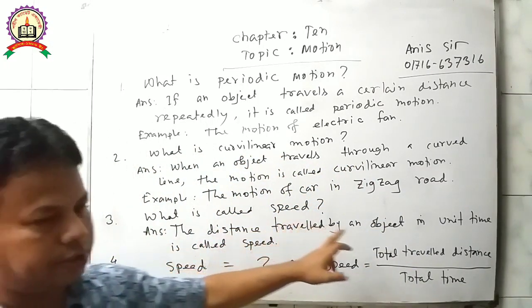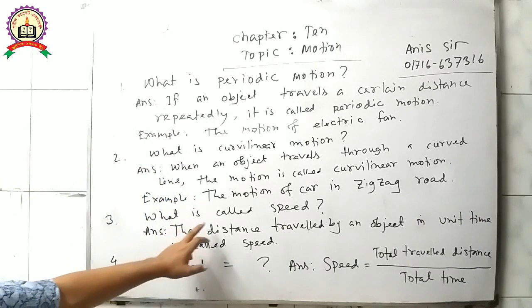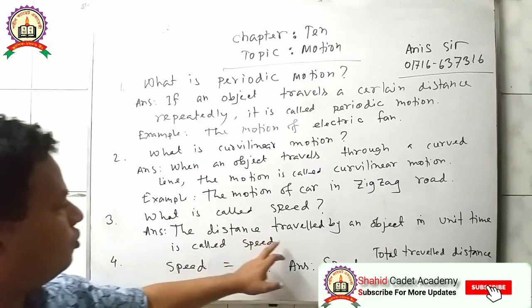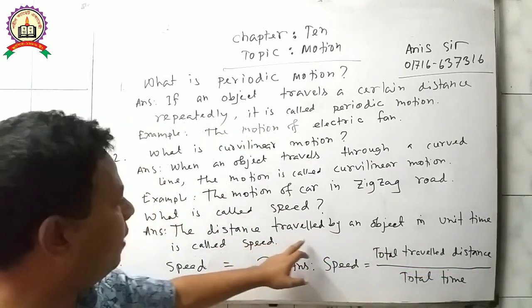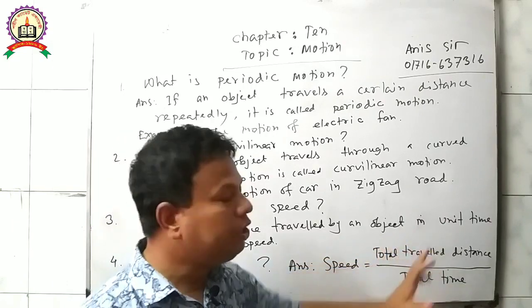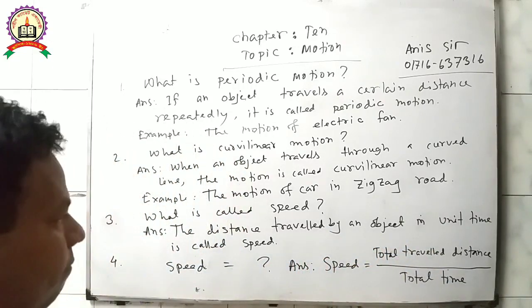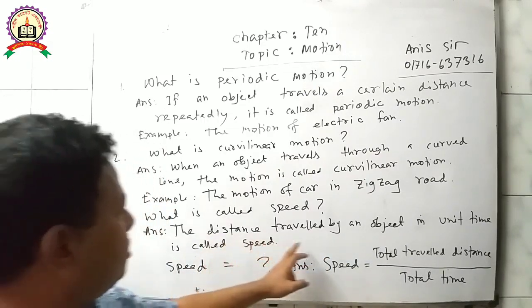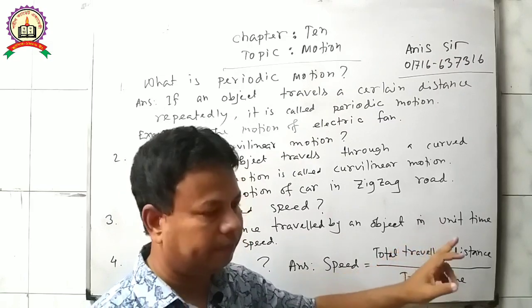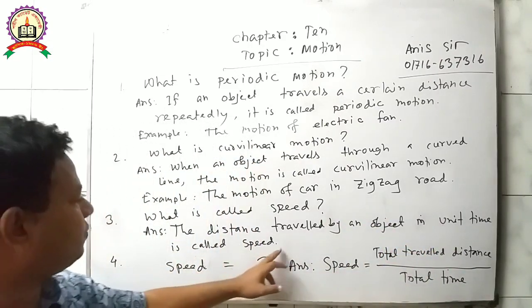Okay, next, question number 3. What is called speed? Important question, you have to memorize. The distance traveled by an object in unit time, that means in a certain period, is called speed.